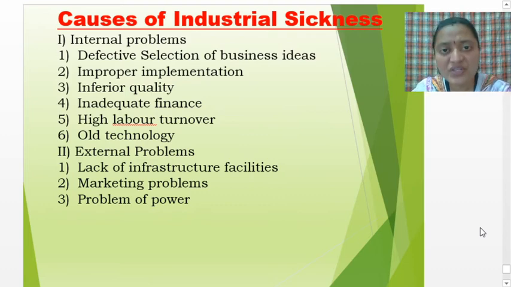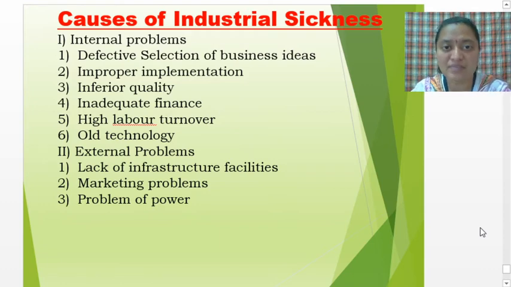In an industry or organization, they should provide proper ventilation, proper drinking water facilities, proper departments and so on. But if the industry lacks sufficient facilities, then obviously the company will come into loss.